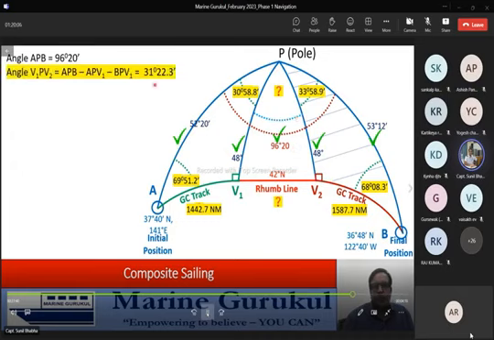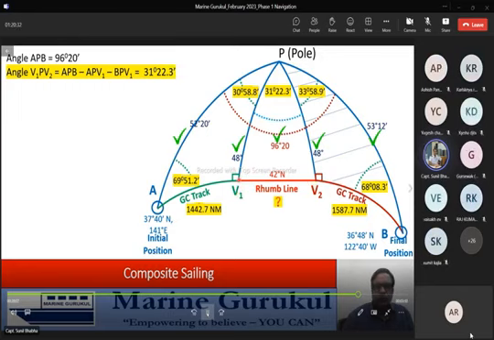The other 2 angles are known to us, and this way we get angle V1PV2, that is this angle, as 31 degrees 22.3 minutes, and this value goes into the diagram. So now the only missing part is this rhumb line distance. Now we know this 31 degrees 22.3 minutes is the D long between V1 and V2.